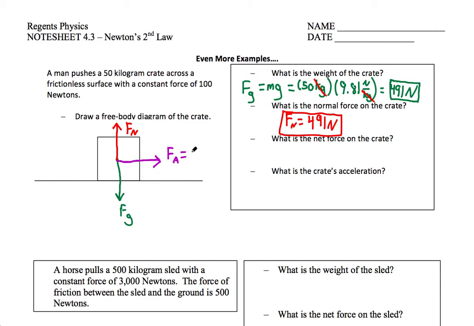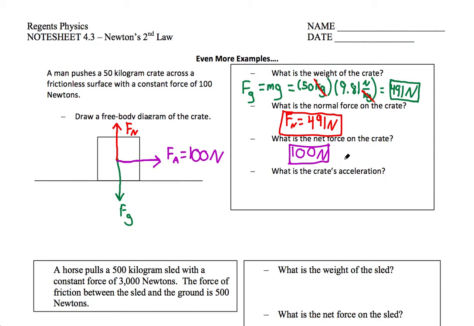So if the applied force was 100 newtons, our net force in the vertical is 0 because the normal force and the force of gravity cancel each other out. There's no friction, so the only thing going on horizontally is our applied 100 newton force. And so the net force, when I add them all up, is 100 newtons.